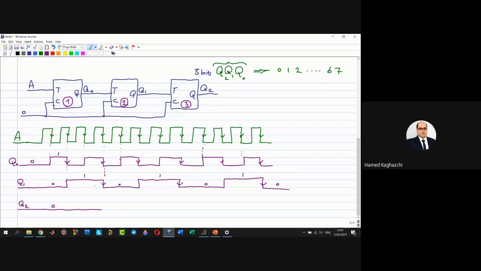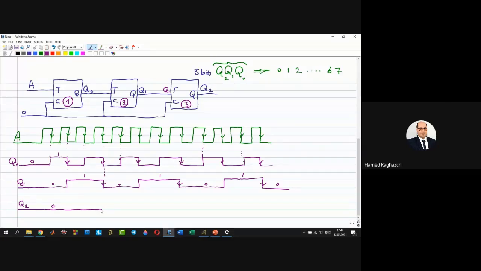When Q1 reaches its downward edge, Q1 here is the transition signal of the third flip-flop. It means that Q2 will change according to Q1. Now I am at the transition edge of Q1.